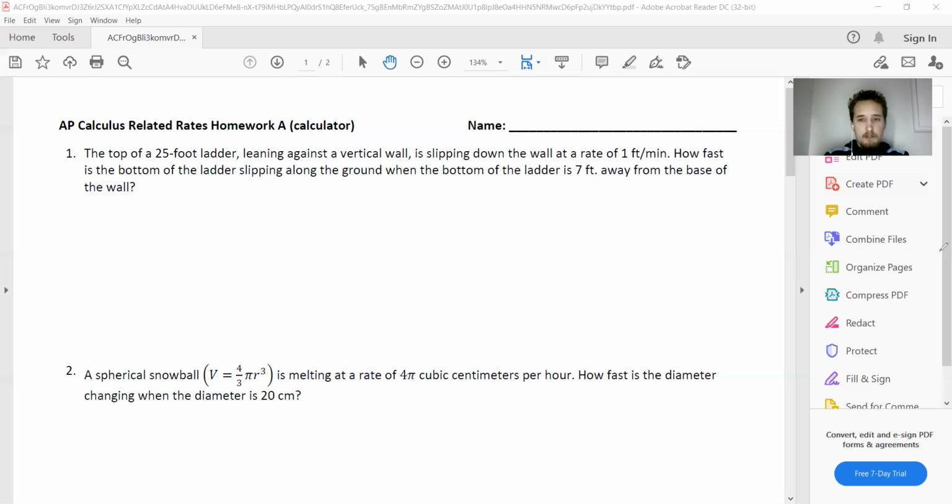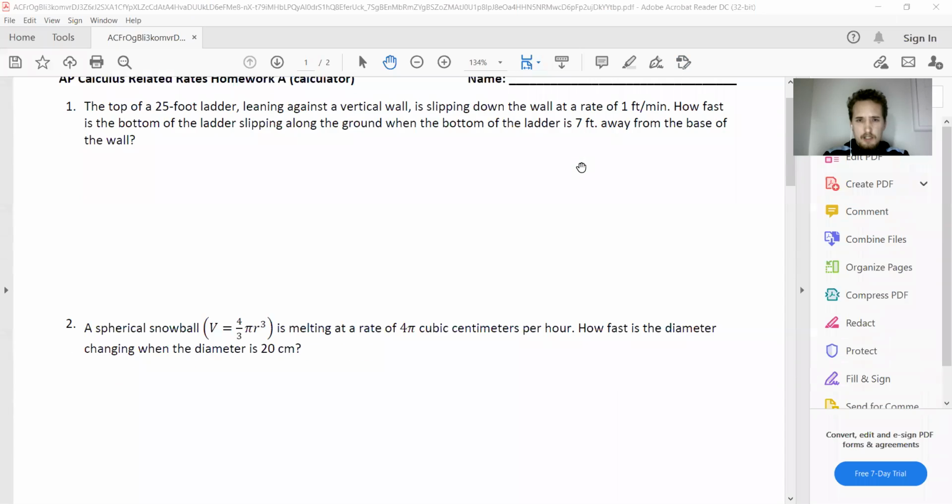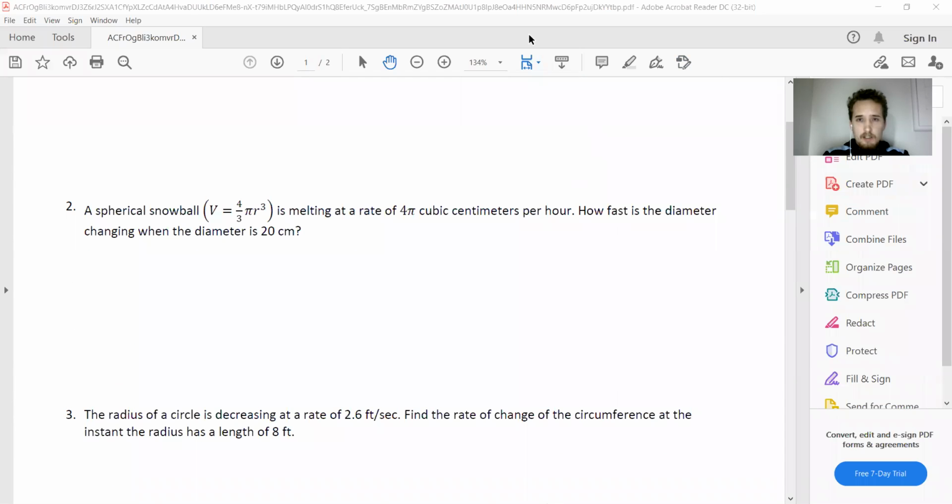Okay, so second one. I'm going to get out of this, annotate again.